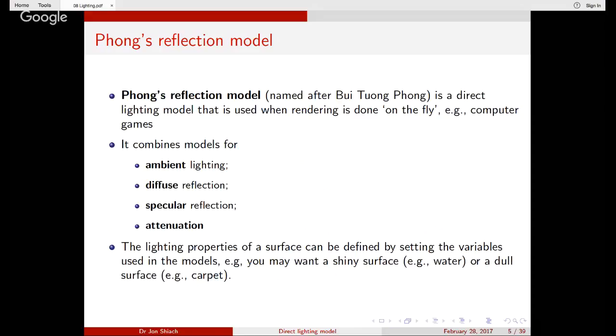If you want a shiny surface, you'll set the variables so that the lighting model will give you the appearance of a shiny surface. Alternatively, you might want a dull surface. For example, this carpet here, it's fairly dull. Not dull as in boring, I mean, well, it's grey, it is boring, but I mean dull as in the reflection of the light off of it makes it look like a rough or a dull surface.